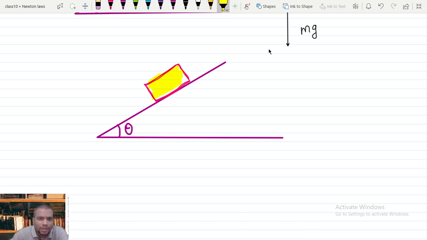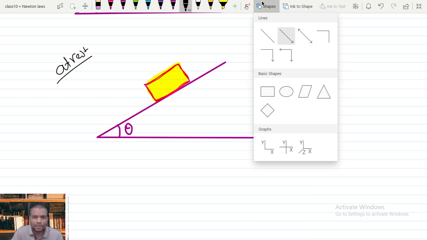Now the block is at rest. It means the block is not moving. If the block is at rest, how can we represent the forces?